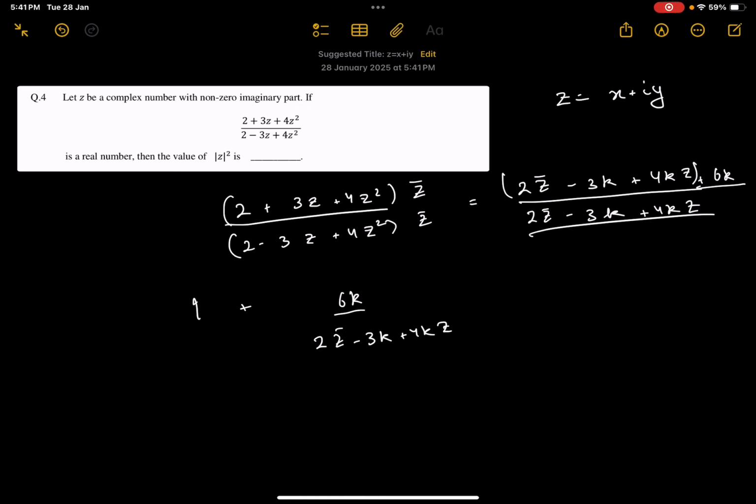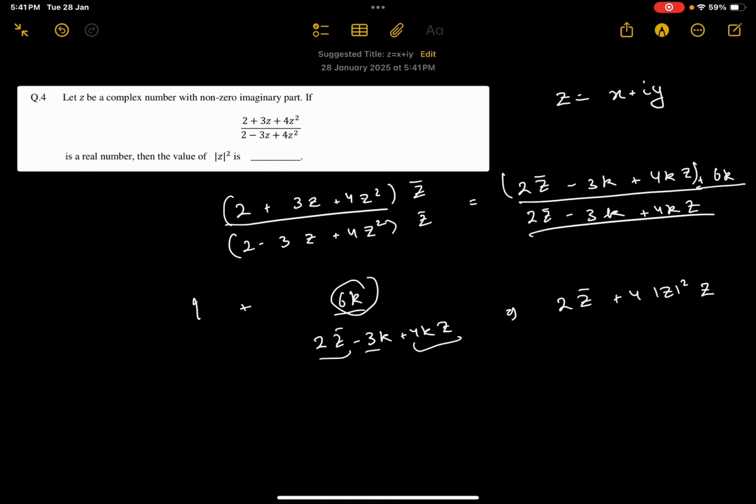So now this is a real number, this is real, so for this whole thing to be real, this plus this should also be real, which gives us 2 z bar plus 4 mod z square z equals to 0.